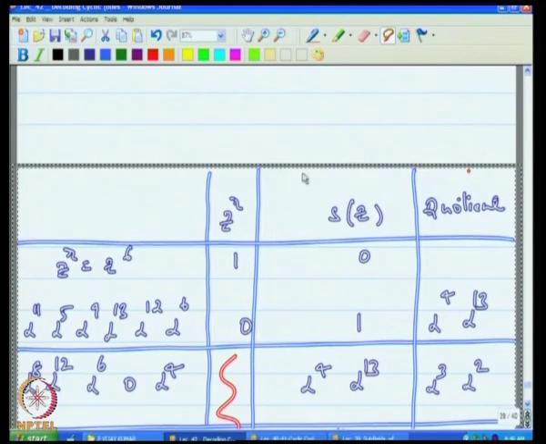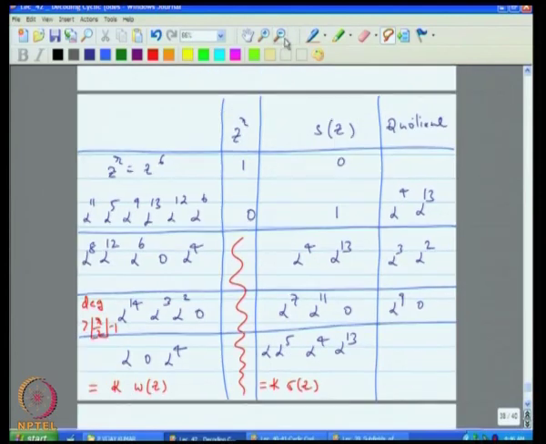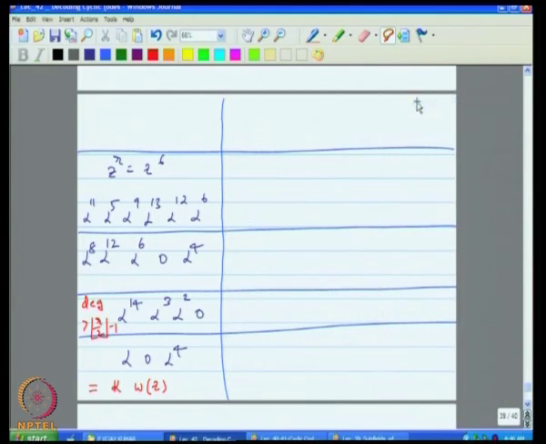Okay, so here's this page and I now have room to make some markings. So here, what's happening is that you are getting possible candidates for omega of z.